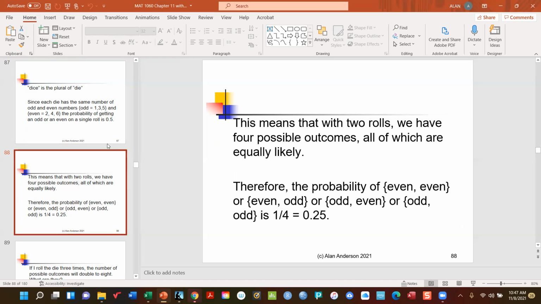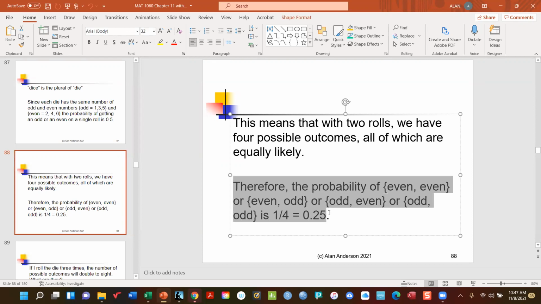So in other words, if I roll the die 3 times and I'm only focusing on evens and odds, I'll end up with 8 possible outcomes. And of course, in our case, we're only rolling the die twice. So there's only 4 possibilities, each of which is equally likely, which means that each one of them has a probability of 1/4. That's an important result because it'll help us with what's coming next.